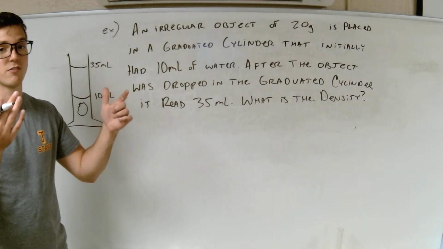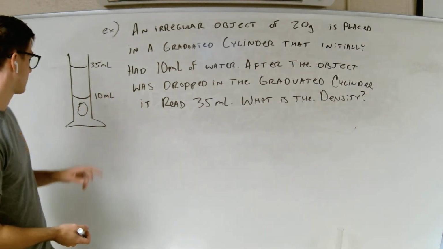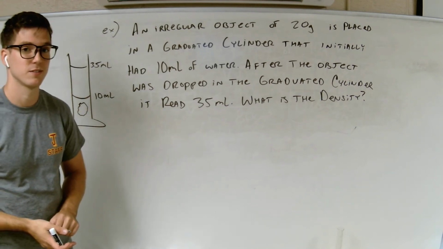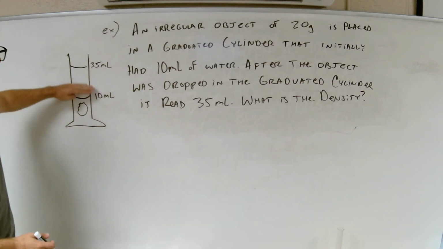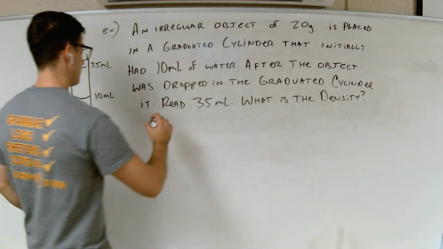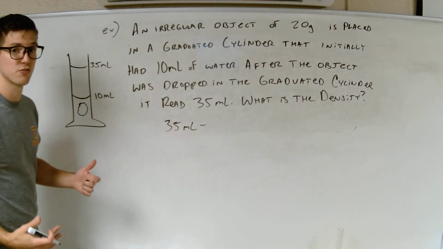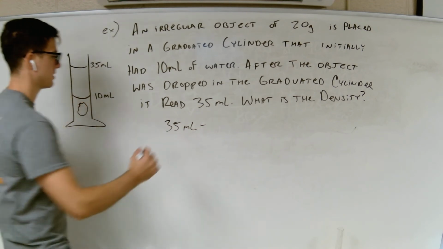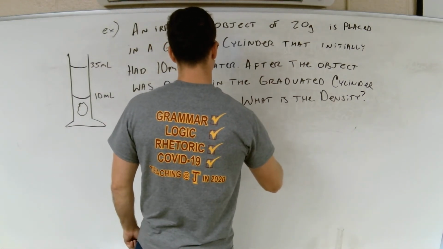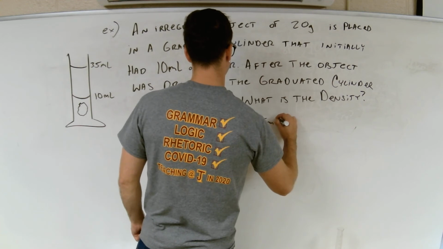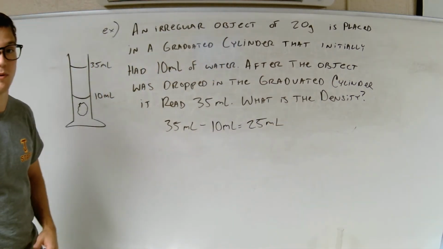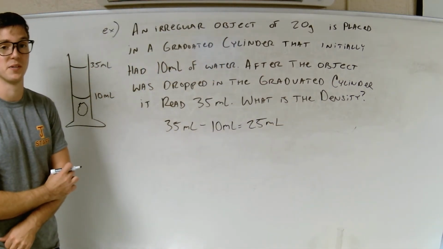We're taking our final volume minus our initial volume, and that will tell us the volume of the object, okay? So final volume that was read was 35 milliliters. We subtract our initial volume before we drop the rock in, which was 10 milliliters, and that'll tell us that the rock took up a volume of 25 milliliters, okay?